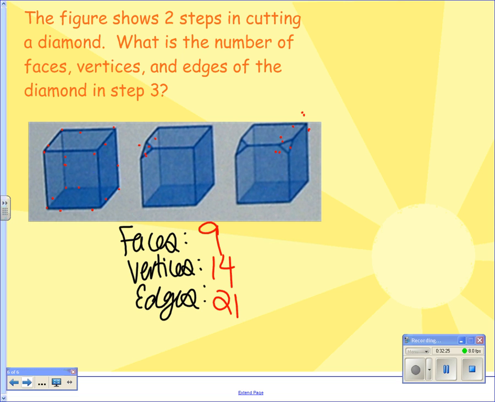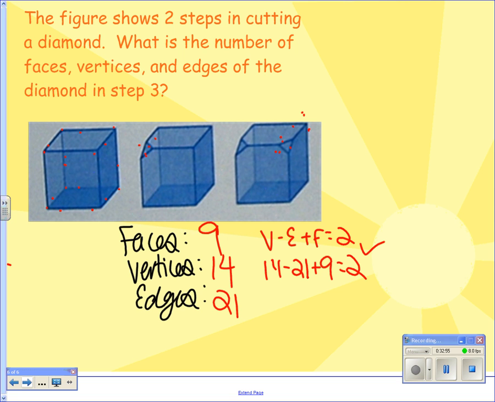So after I get those 3, I can use my formula to figure out whether I did it correctly or whether I was close. 14 minus 21 plus 9. So it works.